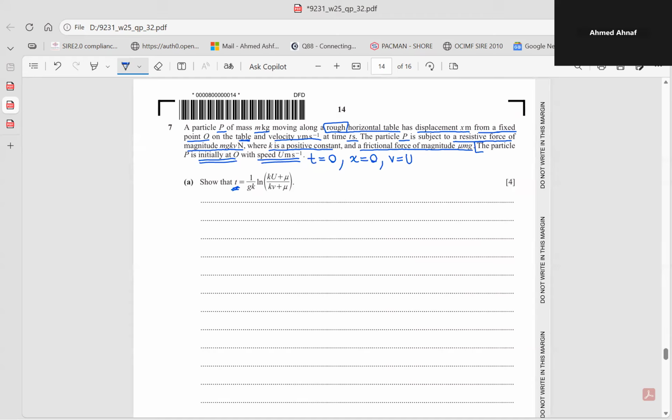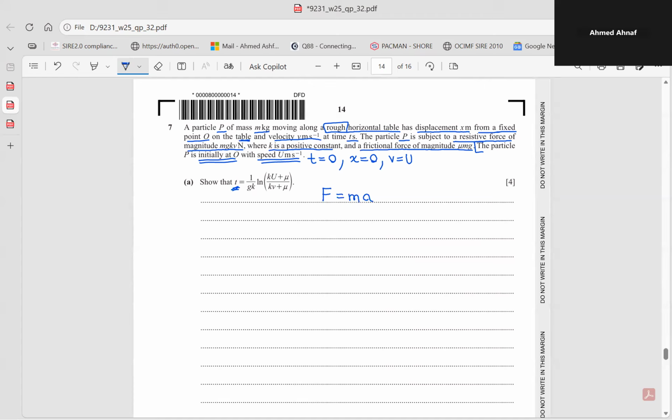Okay, so to do this type of question, since we're not given any expression for acceleration or velocity directly, we're gonna have to use Newton's second law, F equals ma. F is just the resultant force, all the forces that are acting on particle P. So the only forces acting on particle P are resistive forces.